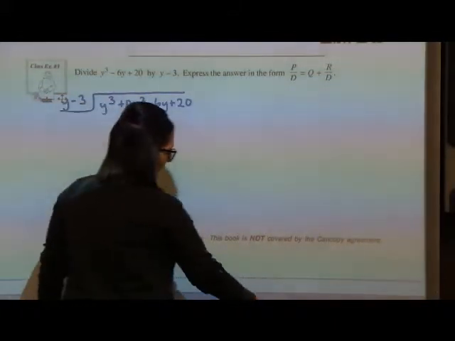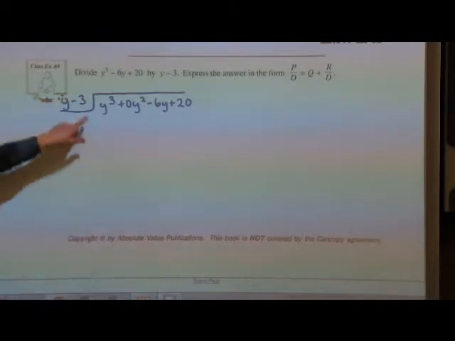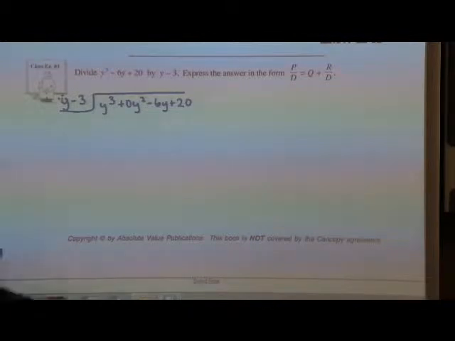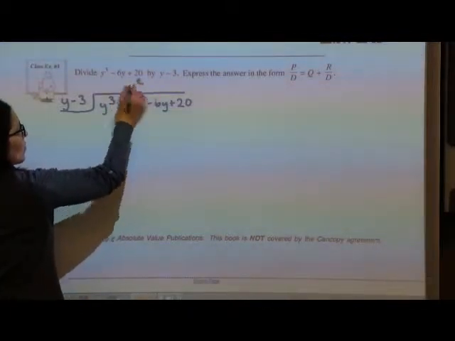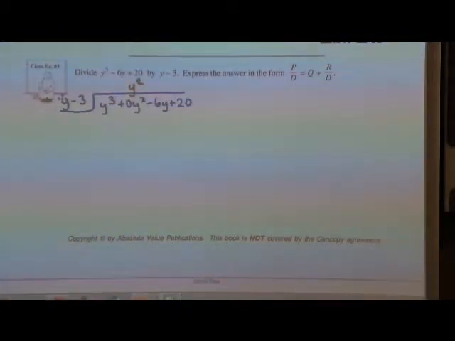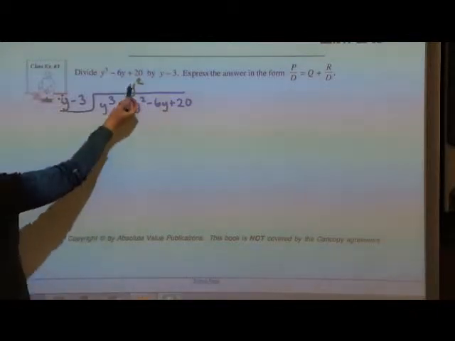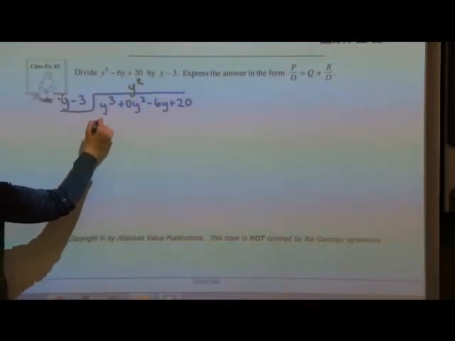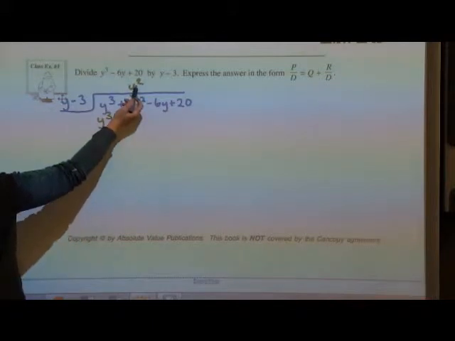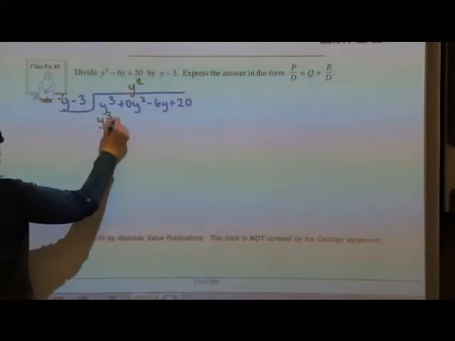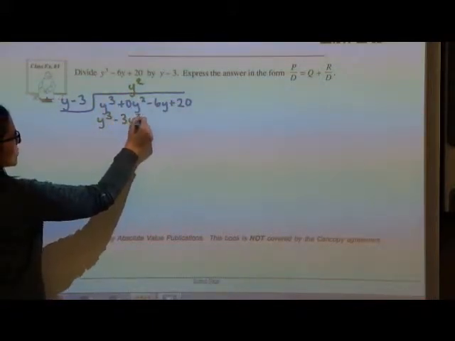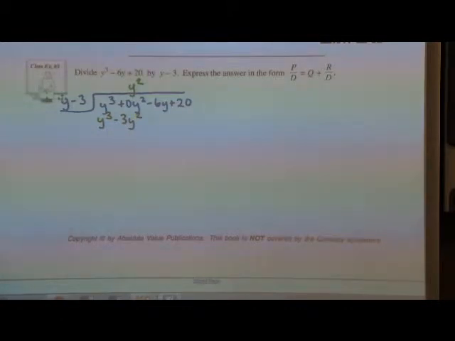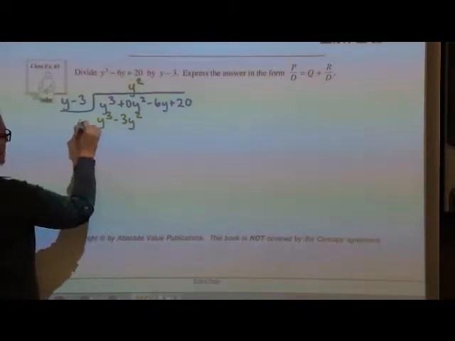So now we look at y cubed divided by y, which is y squared. So I'm going to put the y squared above the y squared, kind of keeping place value. Then I multiply it. y squared times y is y cubed. y squared times negative 3 is negative 3y squared. And then I subtract.